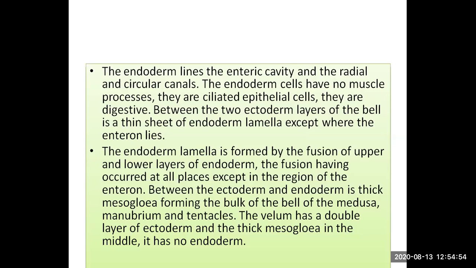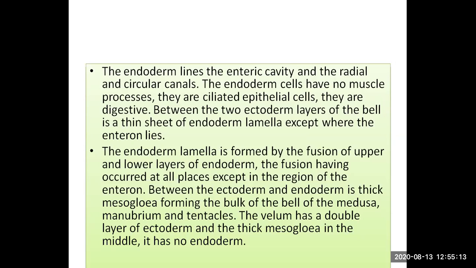Between the two ectoderm layers of the bell is a thin sheet of endoderm lamella, except where the enteron lies.